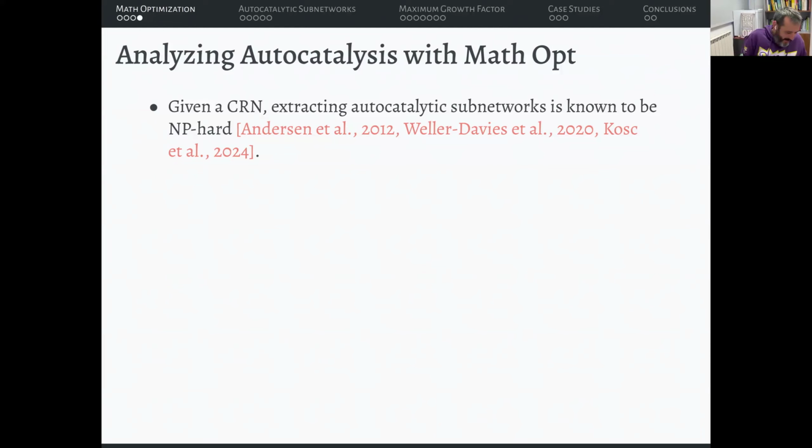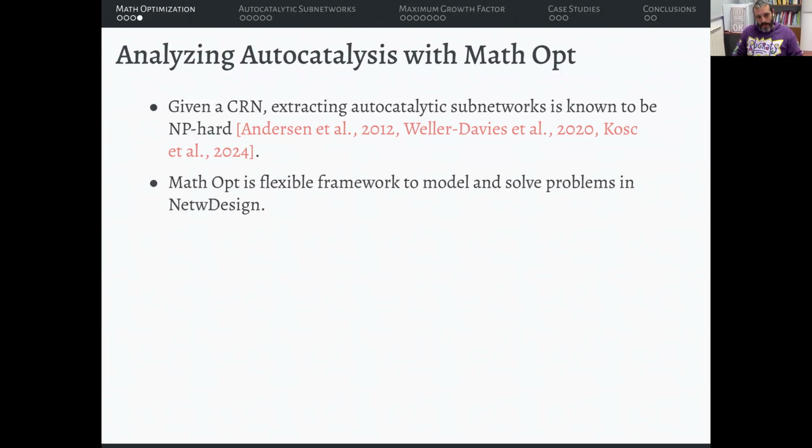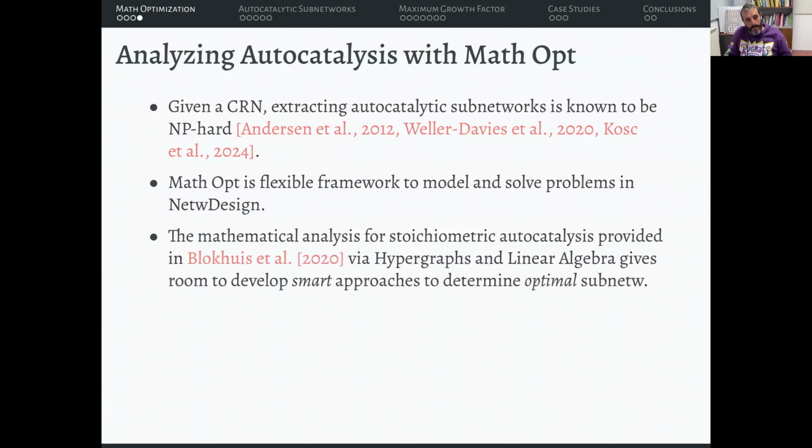But even if the problem is difficult, we want to provide solutions to this type of problems, how to construct autocatalytic subnetworks. We use math optimization because for us it's an ideal framework to do that, because it has been proven to be very useful in other practical approaches.